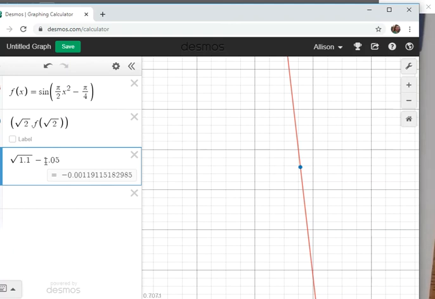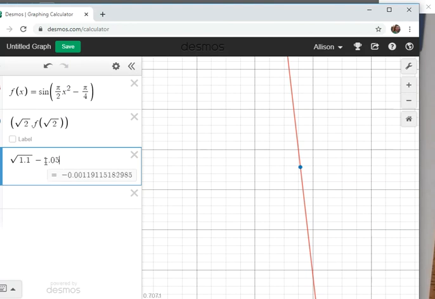So I'm going to write down real quick that the square root of 1.1 is approximately 1.048 something. Hang on. Okay.